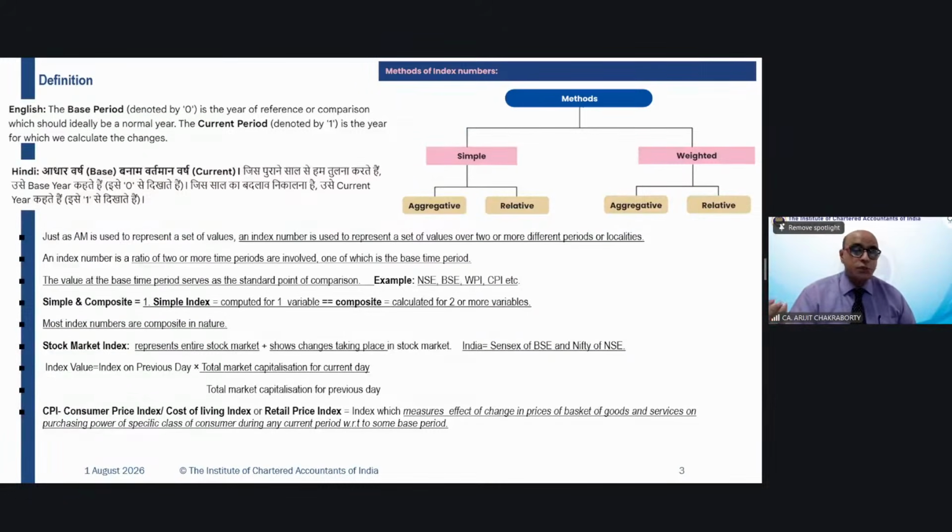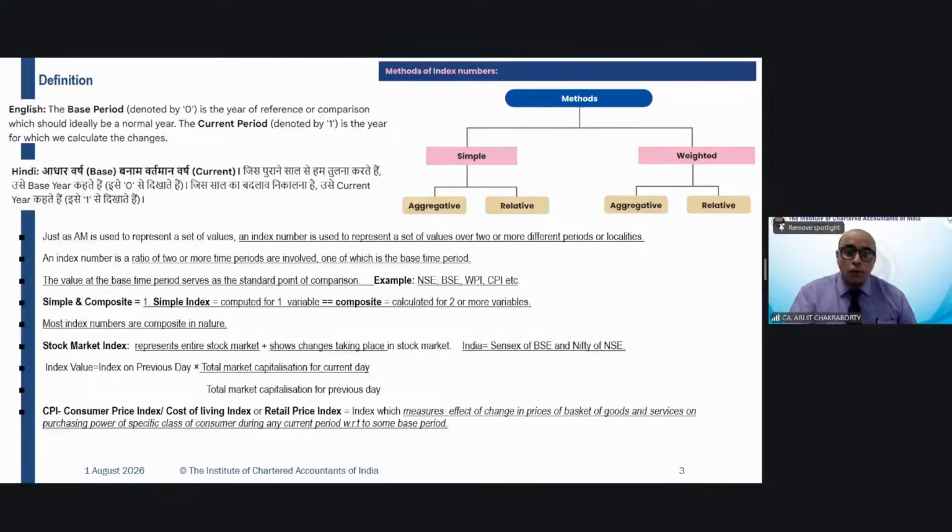Consumer price index, cost of living index, or retail price index. These are index numbers which measure the effect of changes in the price of a basket of goods, as I mentioned. And each of these goods will have a weightage. It could be a composition of goods and services.